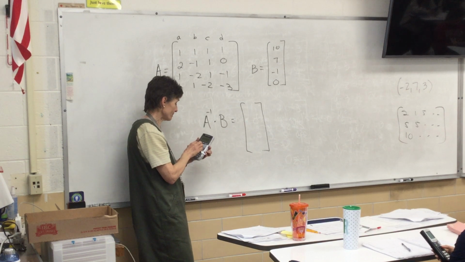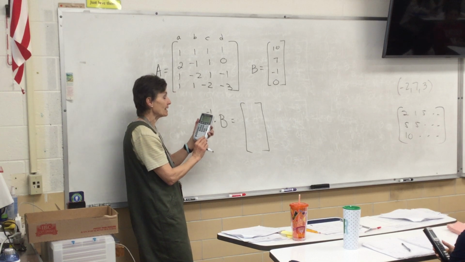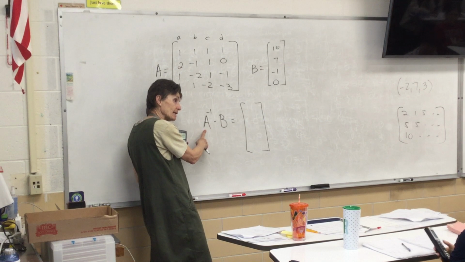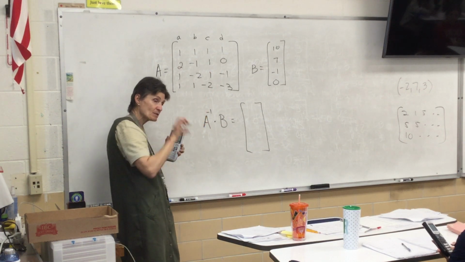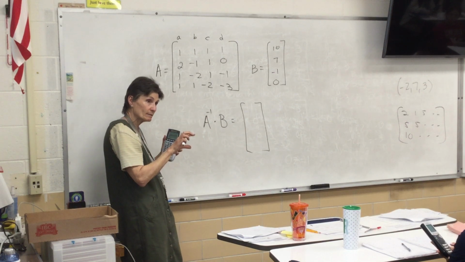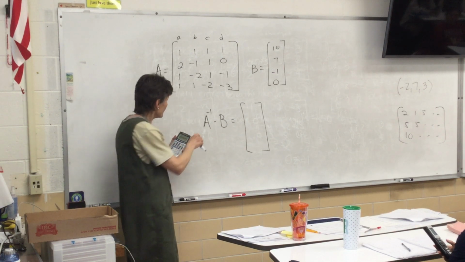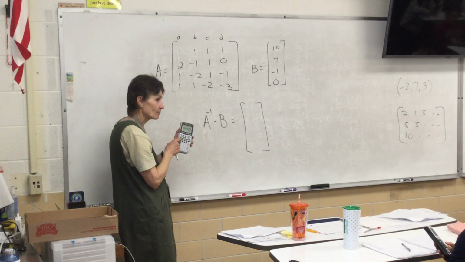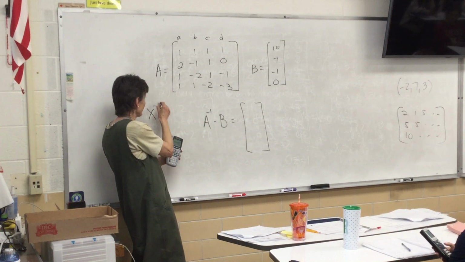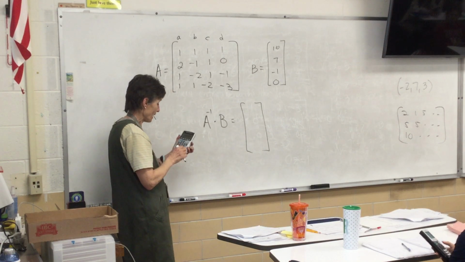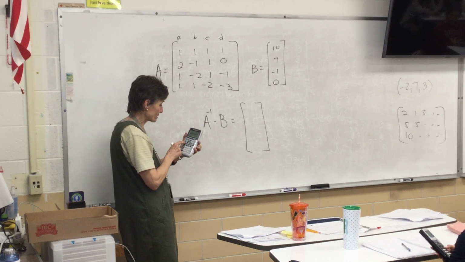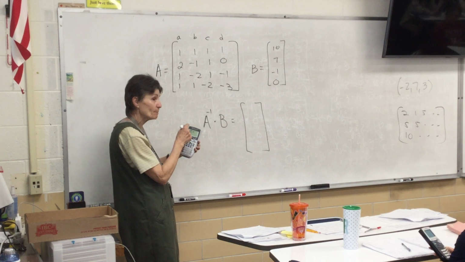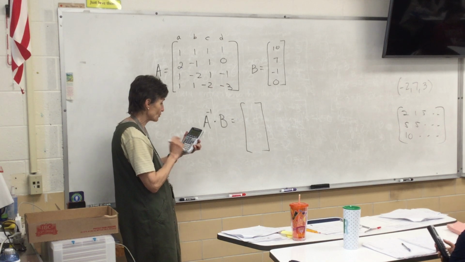Now, go back in, third time on this problem, second matrix, and hit enter, because you need A. It names the matrix and calls up whatever name you want. So in this case, it's A. Then press the inverse button, and then times, second matrix, go down to B, and hit enter.